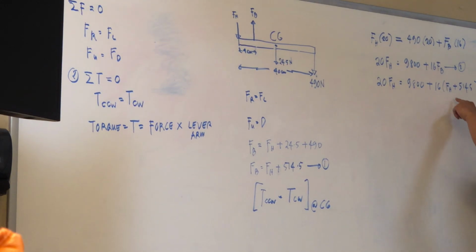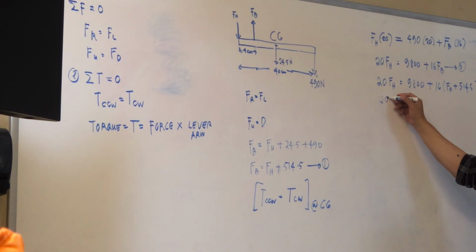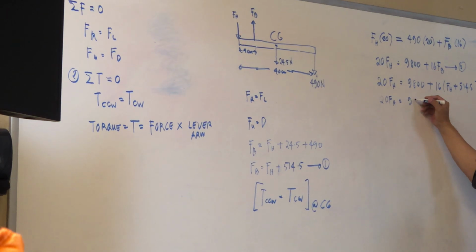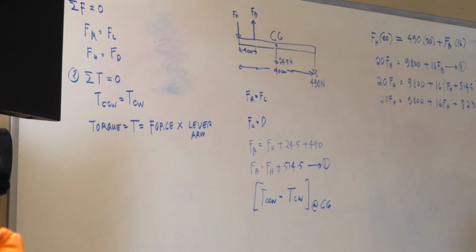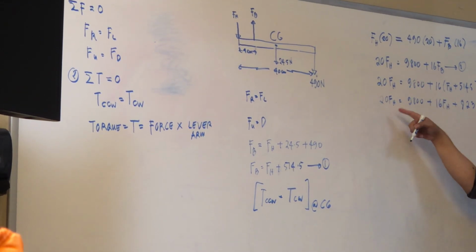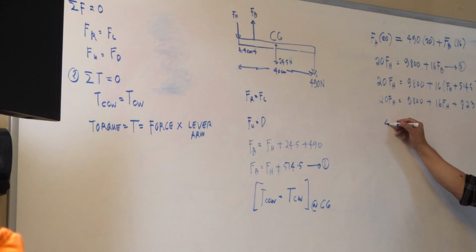So you now have just one unknown. So you have 20 FH is equal to 9800 plus 16 FH plus 16 times 514.5, which is 8,232. Transposing 16 FH to the other side, 20 minus 16 gives you 4 FH.